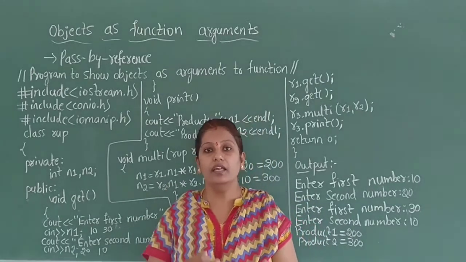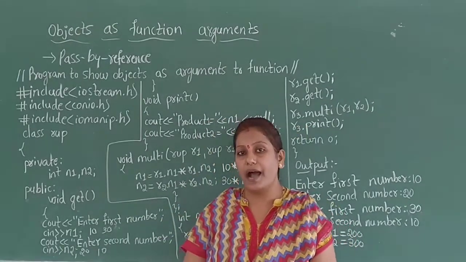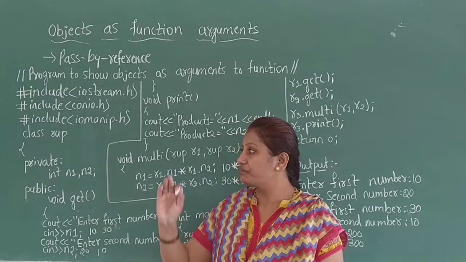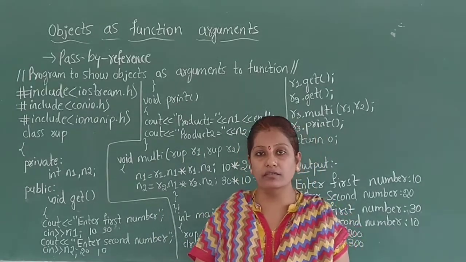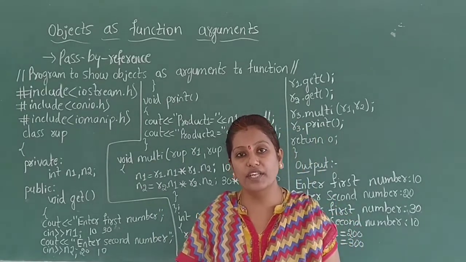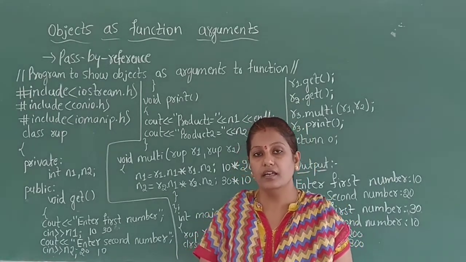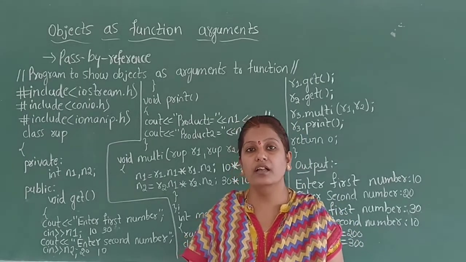When compared to pass by value, the pass by reference method is more efficient because the function works directly on the original object used in the function call and will reflect on the original value.